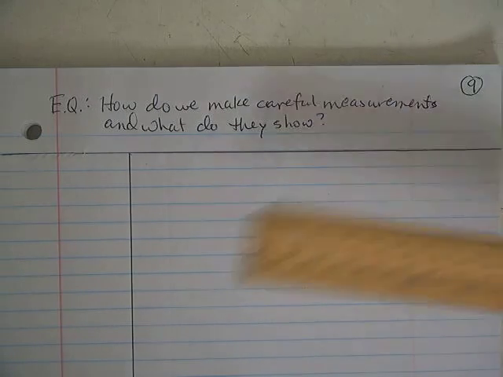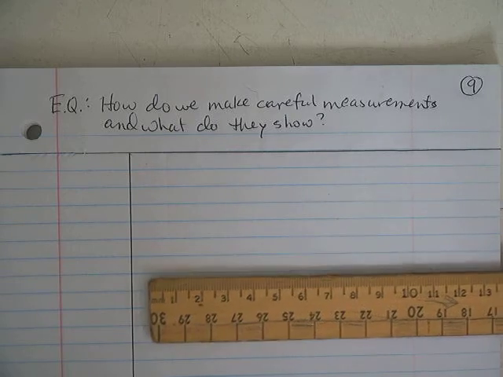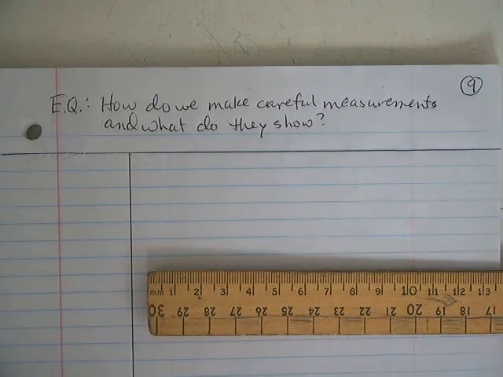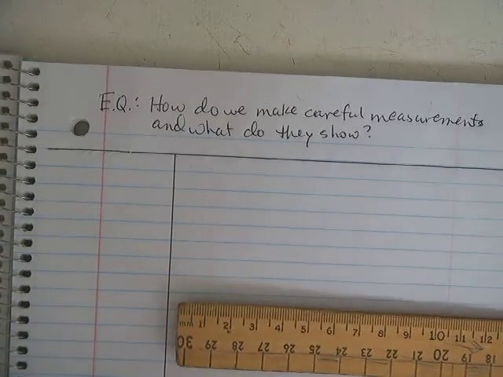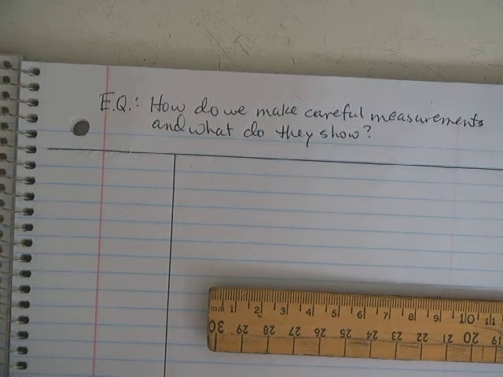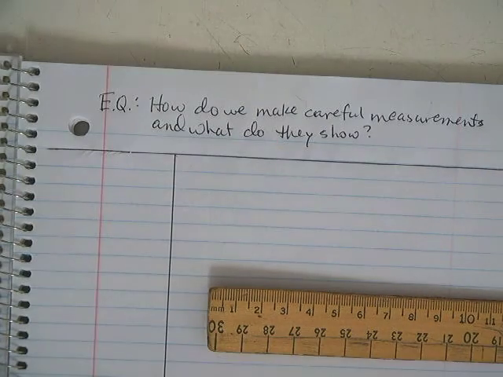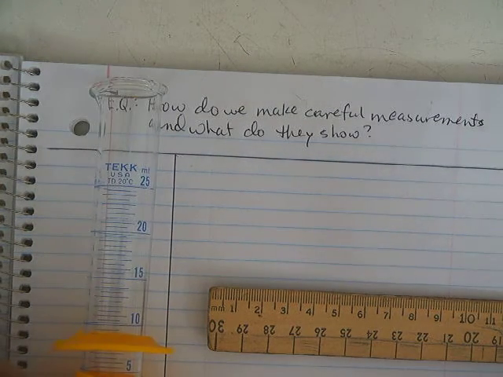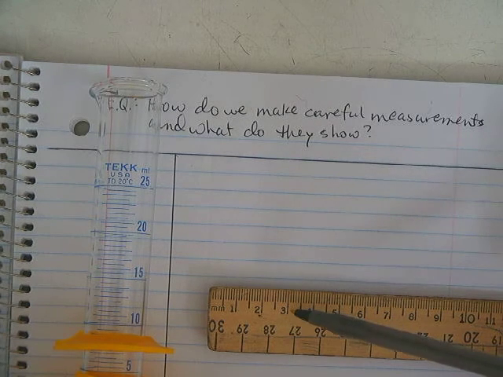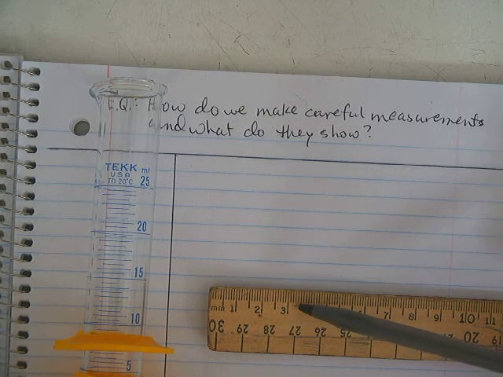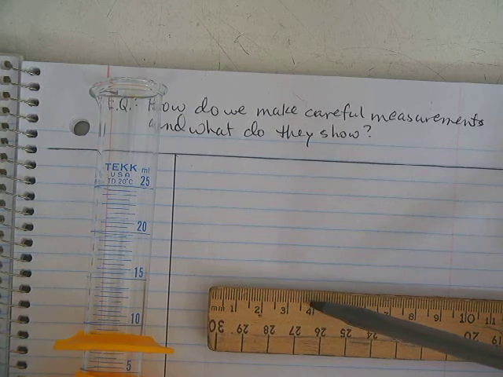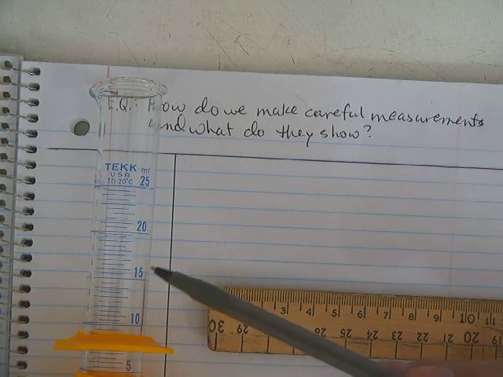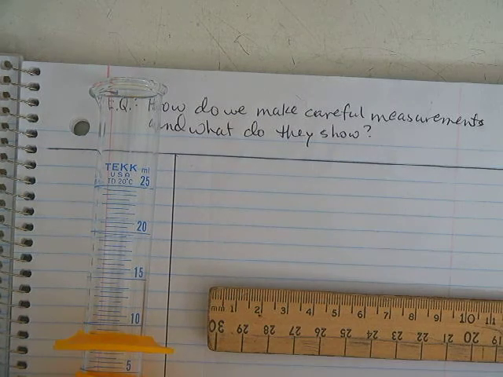So when we do take a measurement, there's a couple of things to keep in mind. It's highly unlikely, no matter which of these measuring instruments we use, either this or the graduated cylinder. Just a moment. I think I have a graduated cylinder here that has blue numbers. Maybe you can see that a little more easily. It's highly unlikely that when we take a measurement, it will end up exactly on one of either these black lines on the ruler or these blue or white lines on whichever graduated cylinder.